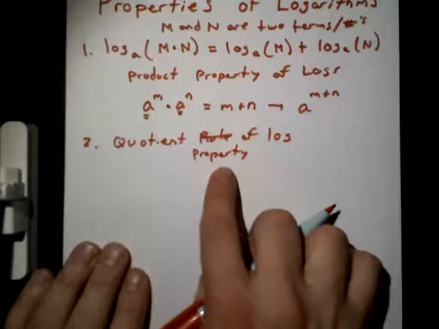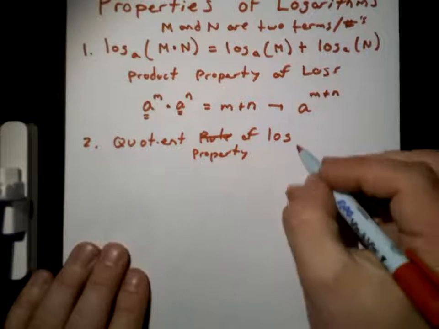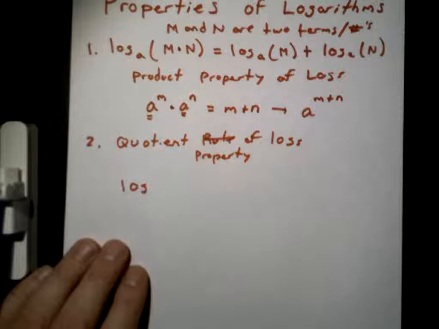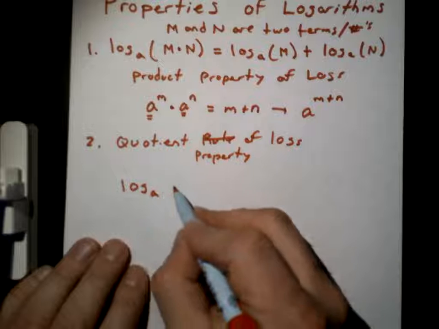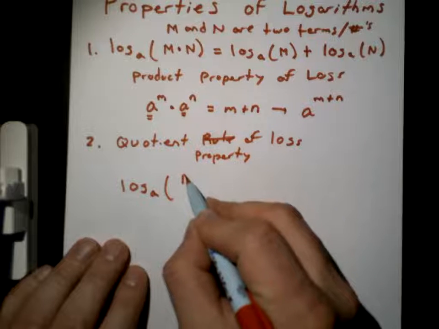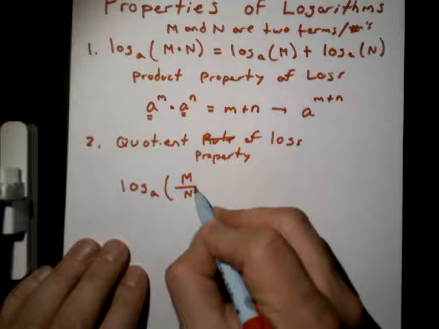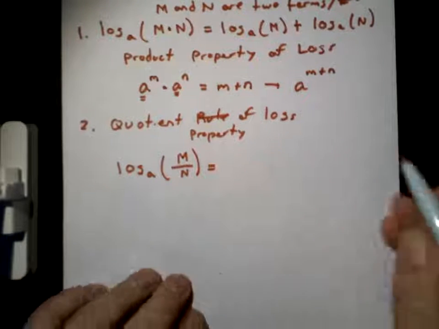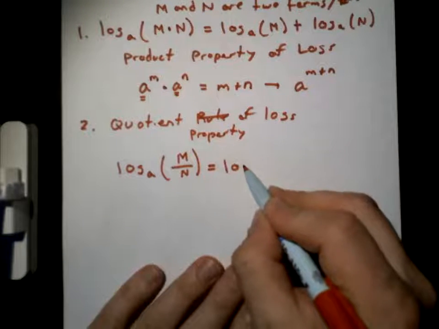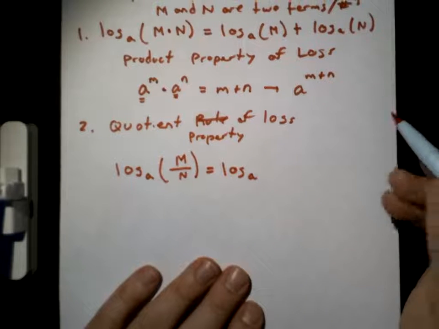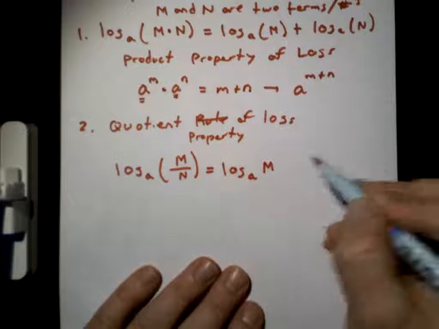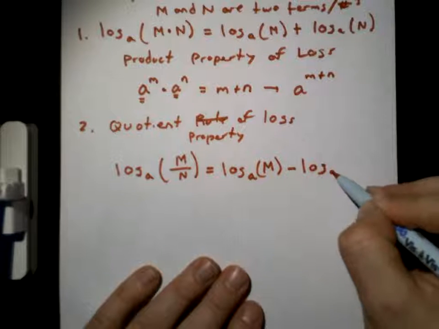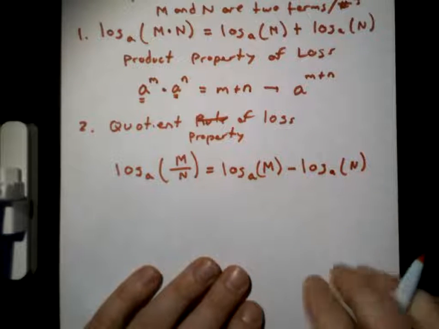The quotient property of logs says that if I take my log of some base and I take my m and divide it by n, that's saying I have log base a of m minus log base a of n.